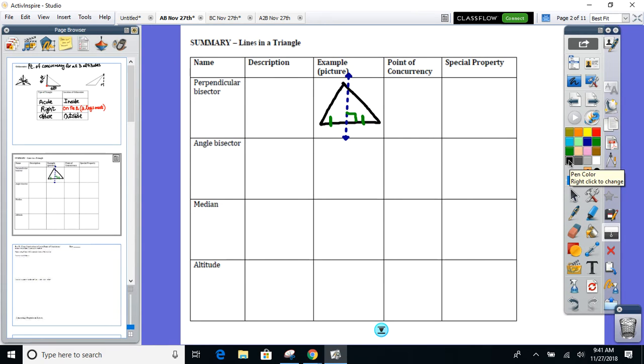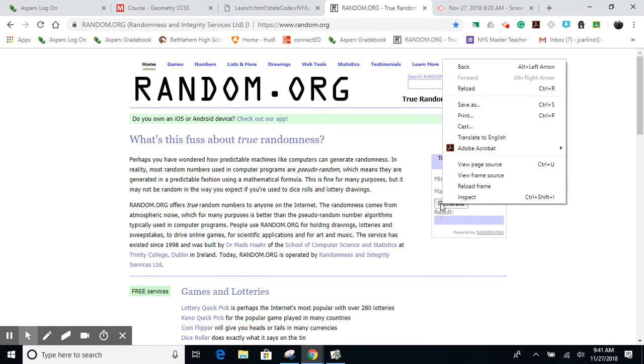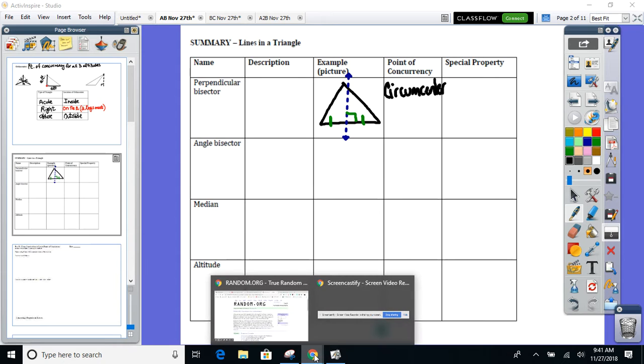If I drew in all three perpendicular bisectors, name that point of intersection. It is called the circumcenter. Nice job. What is the special fact about a circumcenter we need to remember?